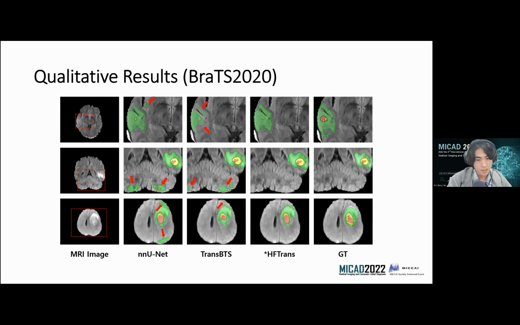As you can see, nnU-Net tends to oversegment the tumor regions, and TransBTS has reduced the oversegmentation, but it still remains, and even undersegmentation happens in the first row. In contrast to them, our method shows final results that capture the overall shape well. We think that hybrid fusion provides the ability to capture both powerful spatial context and modality context.